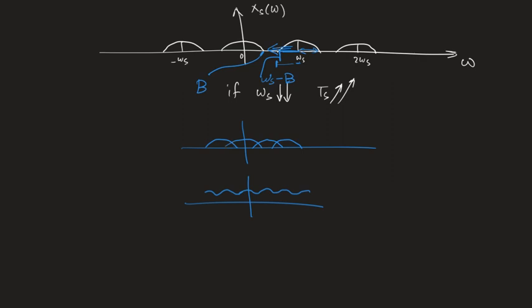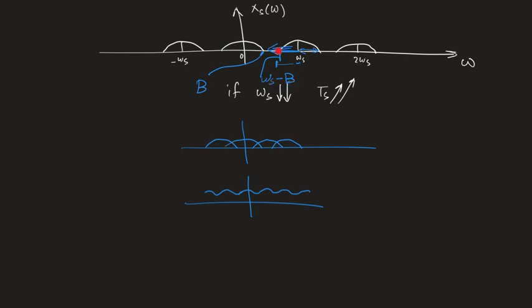Look at this one. The center point here is called omega s, right? And the width of this is b, and the width of this is b. So if this is omega s, and the width here is b, what's the value here? Minus b, exactly. That's what's written there.